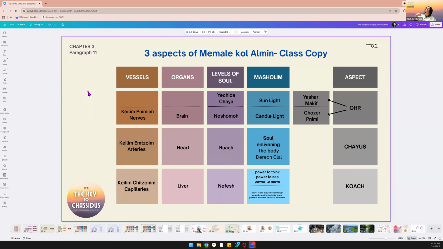For example, if you look in a body, when we are talking about the koach, when that separation between chayus and koach takes place, it's not abrupt. It's not like, okay, I'm done with chayus, and then I'm going into koach.